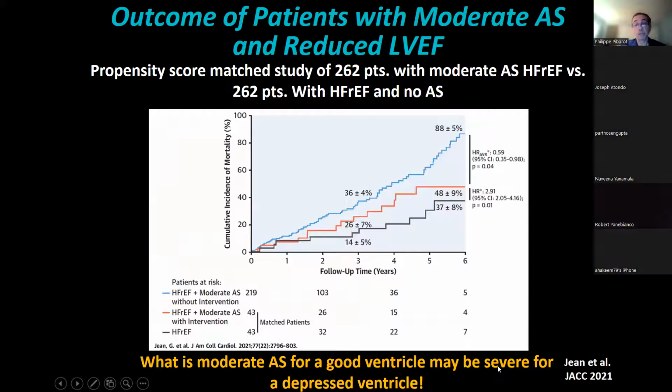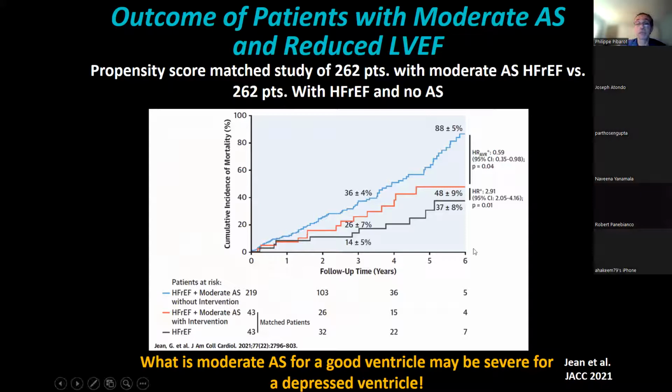And further evidence, a more recent paper that we did, again multi-center. Here, what we did, which maybe was missing in the first paper, is that we had a group with HFrEF but no AS, like a control group, that we matched with a propensity score to the group with HFrEF and moderate AS.